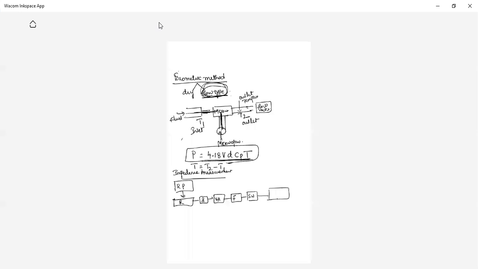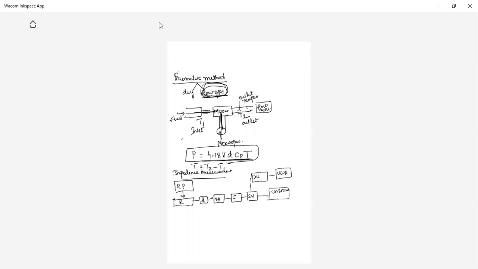For this load only, we have to find out the impedance. To the slotted waveguide we connect a detector, and a VSWR meter is connected.